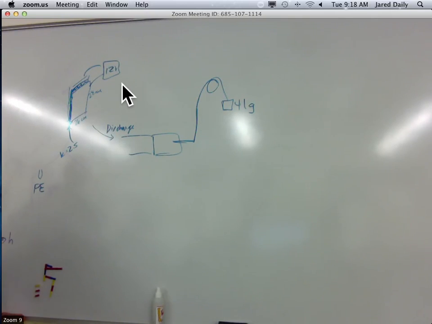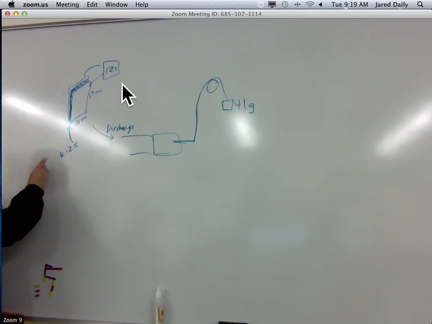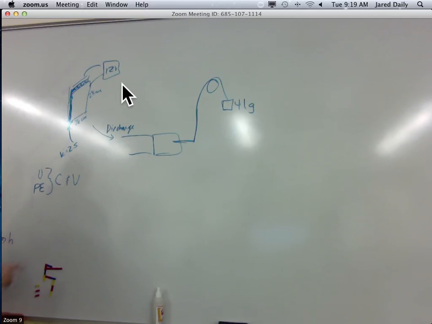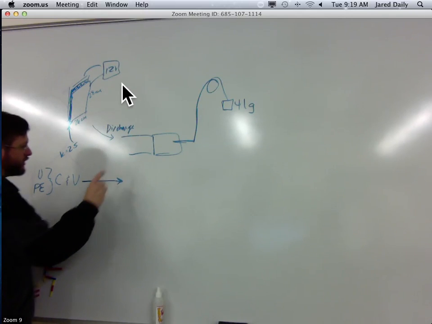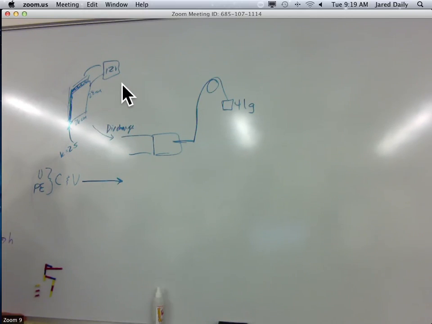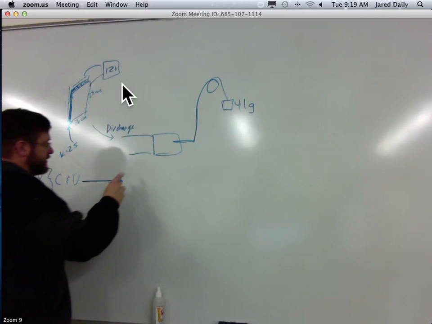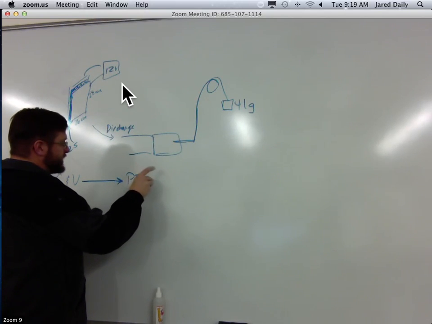With the dielectric constant and the area they've given us, we should be able to figure out the capacitance, and we know the voltage. So we need some kind of energy formula that comes from capacitance and voltage. Then that energy is going to be discharged to the motor, and that potential energy is going to become work.